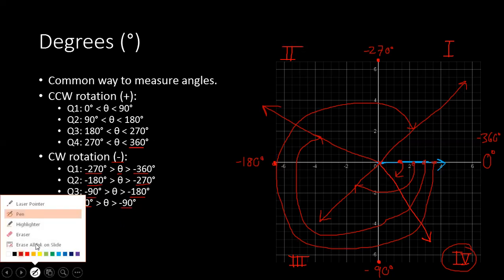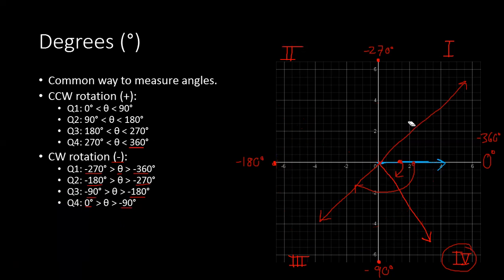So, for example, let's just say you form an angle which is negative 156 degrees. Now, where do you think this angle is located? Is it in the first, second, third, or fourth quadrant?